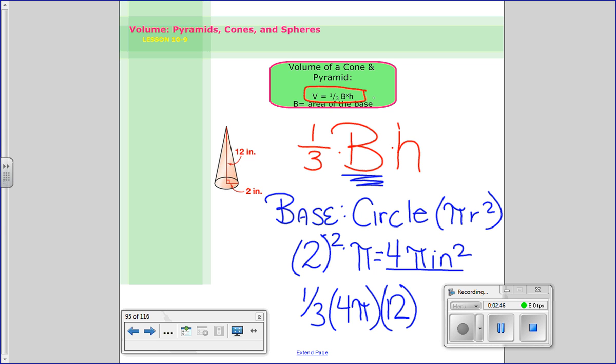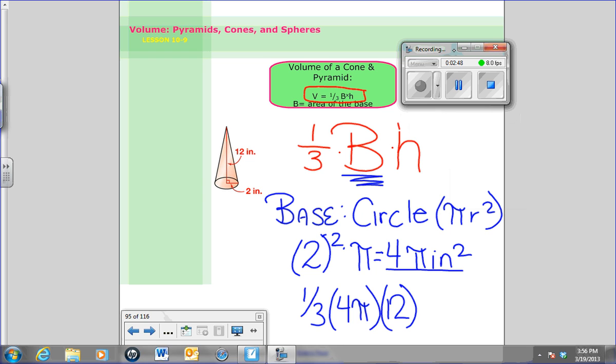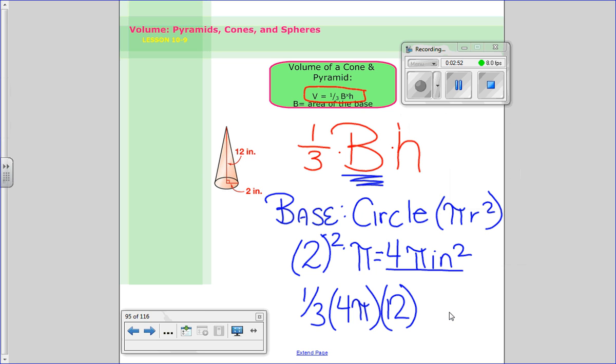And I can go ahead and simplify that. As you notice, I'm waiting to do pi till the end, and that's okay. So I'm going to do 4 times 12 and get 48, and then times it by 1/3, or divide it by 3, however you choose to think of it. And I get 16 pi inches squared.